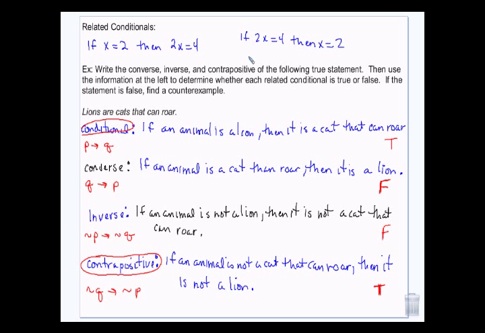Do you see how that makes sense? Just because the conditional is true doesn't mean automatically that the converse or the inverse will be false. The only thing it automatically tells me is if the conditional is true, the contrapositive will be true. If the conditional is false, then the contrapositive will for sure be false. And if my converse is true, then my inverse will be true. If my converse is false, then my inverse will be false. I don't have anything that tells me automatically the relationship between those two groups, just inside the group. Does that make sense?